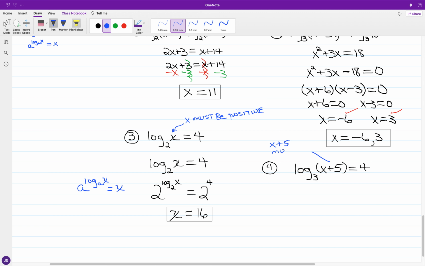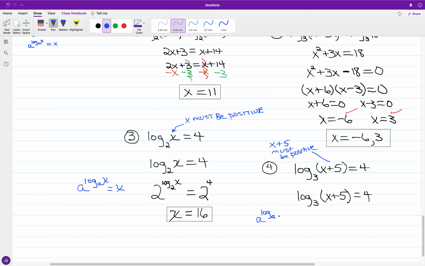And again, that must be positive. Okay, so again, I have the base 3 logarithm of the quantity of x plus 5 is equal to 4. And just again, undoing the presence of the base 3 logarithm.